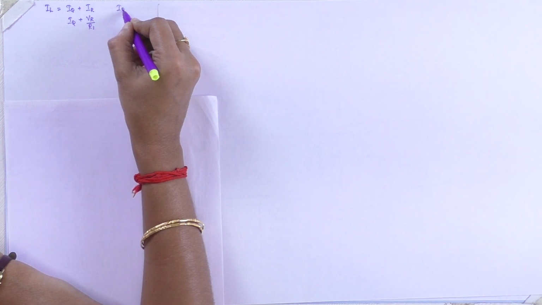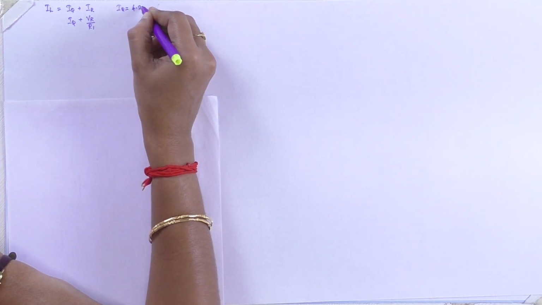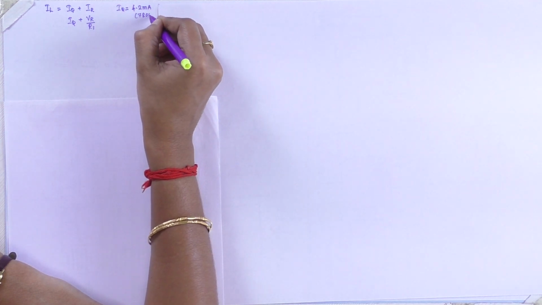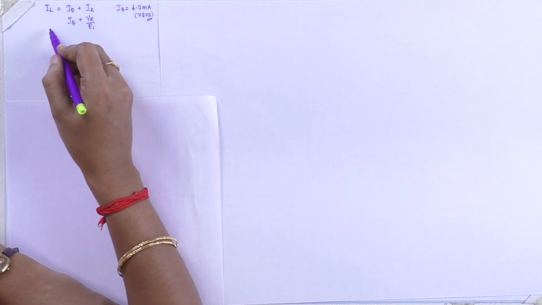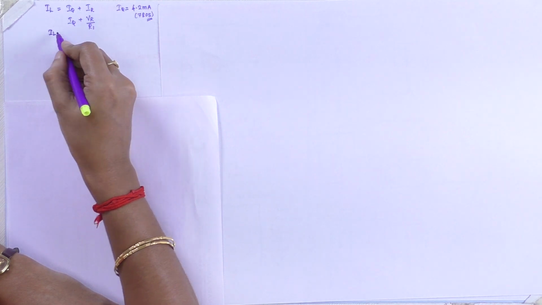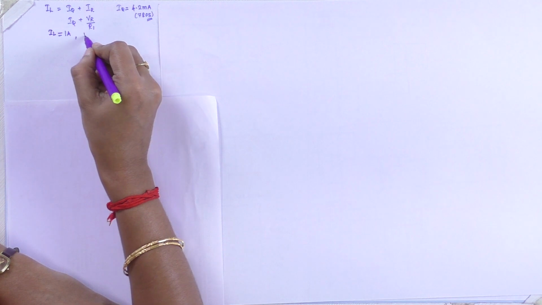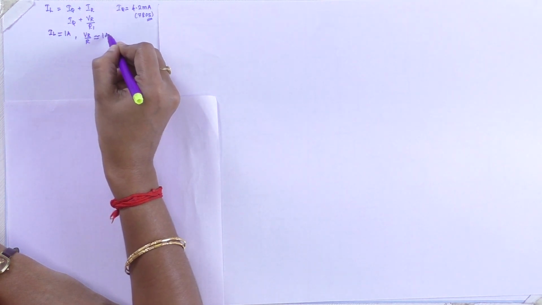This IQ quiescent current for the IC 7805, a 5 volt regulator, is 4.2 milliamps. In that condition, I can vary my IL. IL is defined as 1 amp. So VR by R1 is approximately equal to 1 amp.